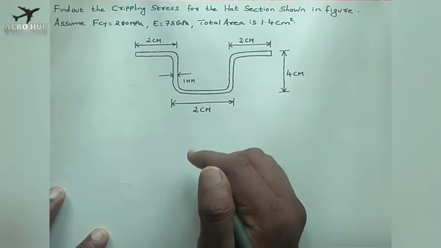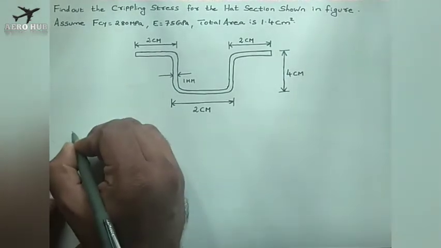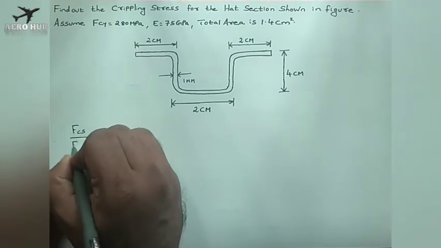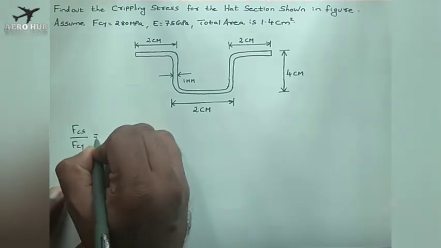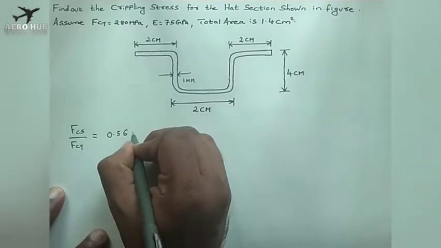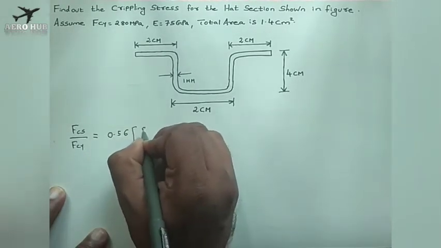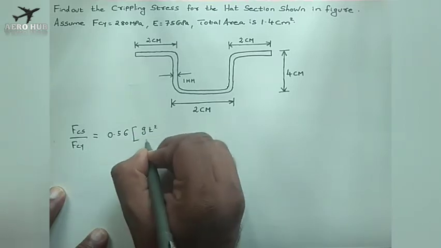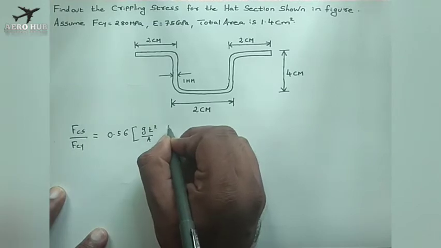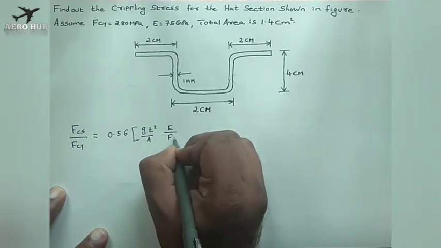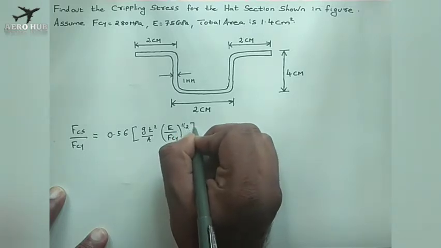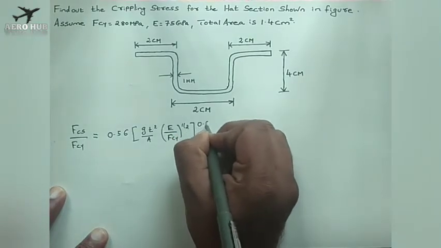So we will be using the formula FCS divided by FCY is equal to 0.56 into (GT square by A into E by FCY) the whole power 1 by 2, the whole power 0.85.